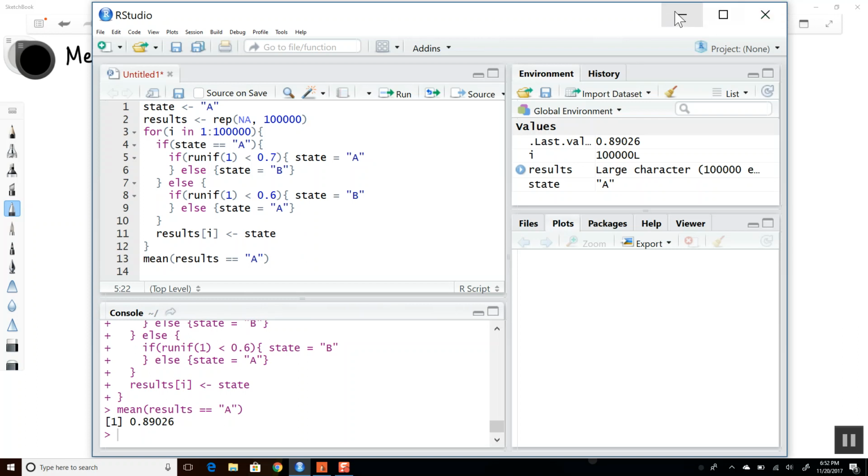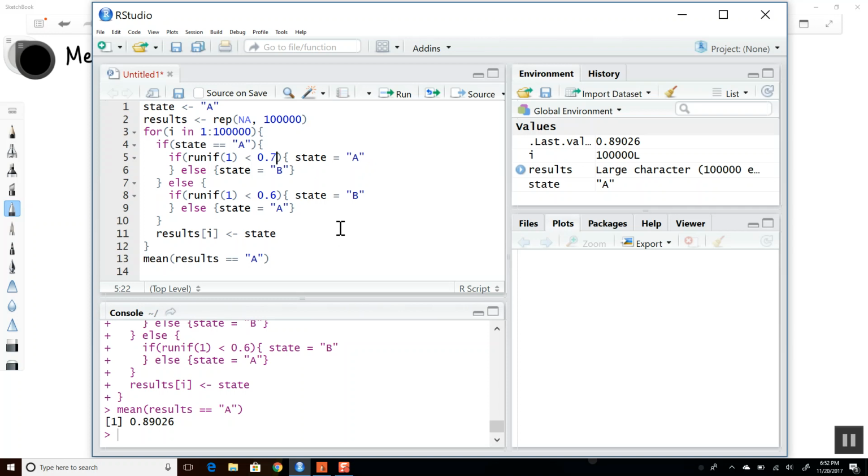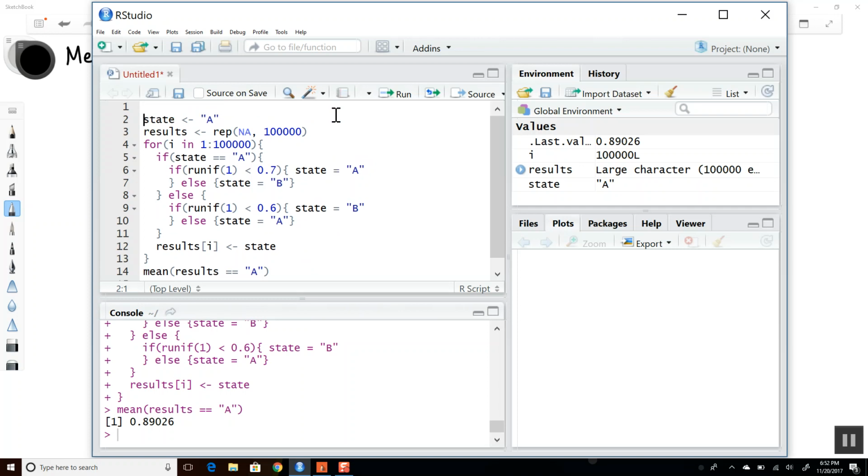Okay, so anyway, this is just a very simple case for a two-state Markov chain. Here, I'll put this code up on the two-state Markov chain.